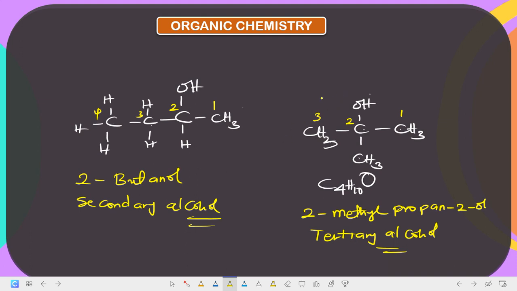Now, lastly, you can also derive another functional group from this entirely. What functional group is that? Now, for the secondary alcohol, it can also be written in such a way that you have it as C, and then you have hydrogen, hydrogen, hydrogen. Then you have C here. The CH3 is on top here.